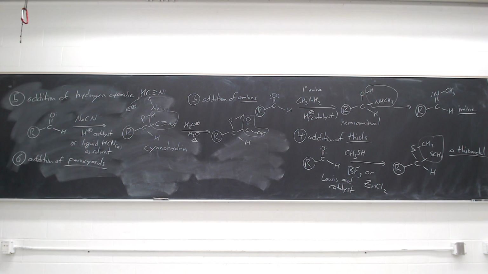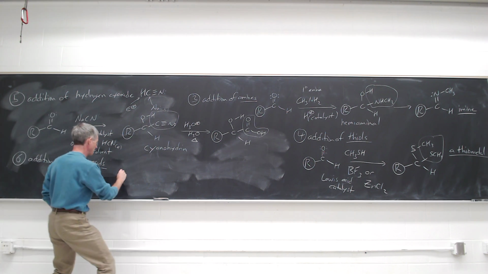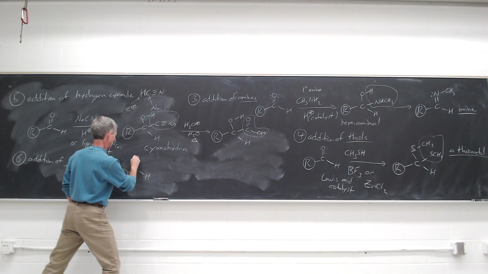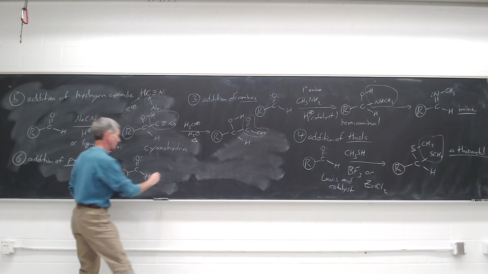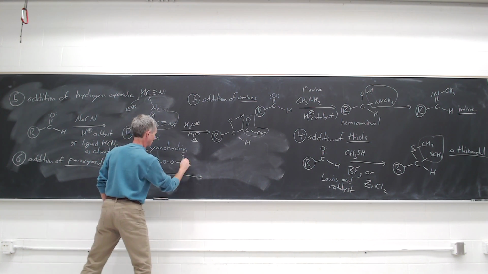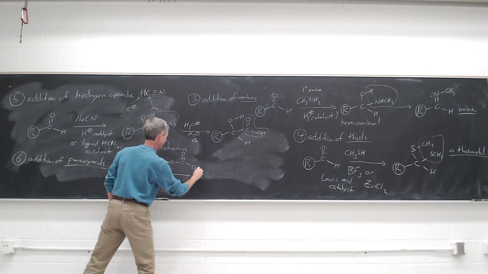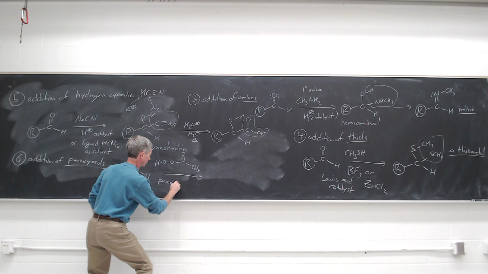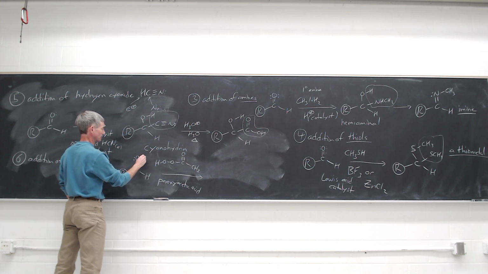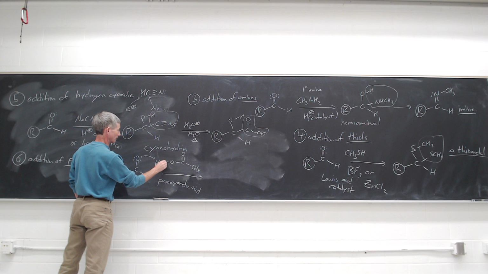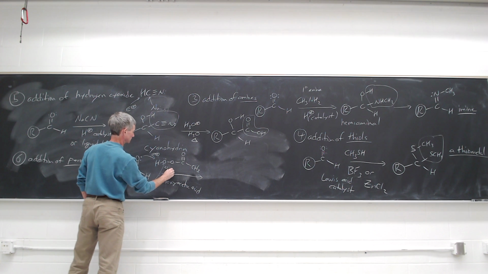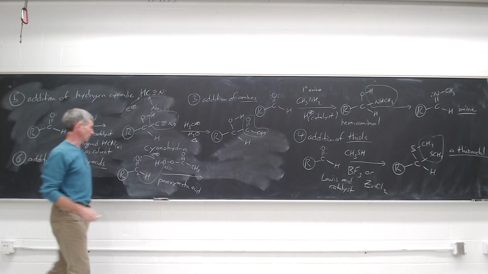Another molecule of importance that we can add across the pi bond is the peroxyacid. So in this case, we treat this with, say, peroxyacetic acid, across the pi bond.